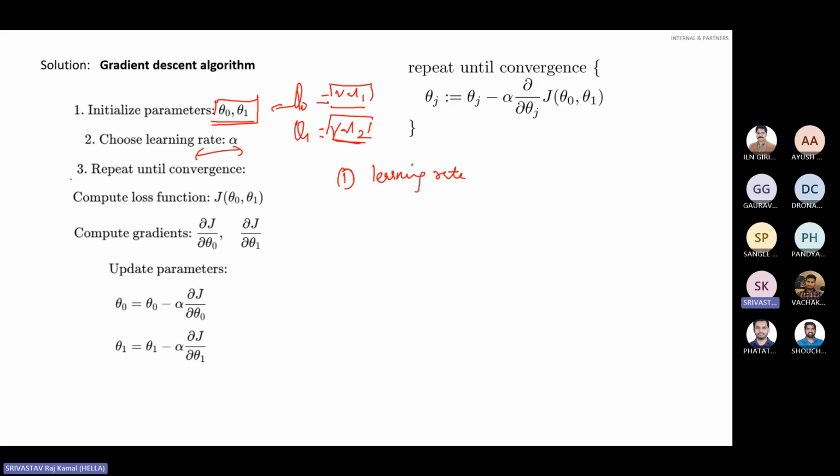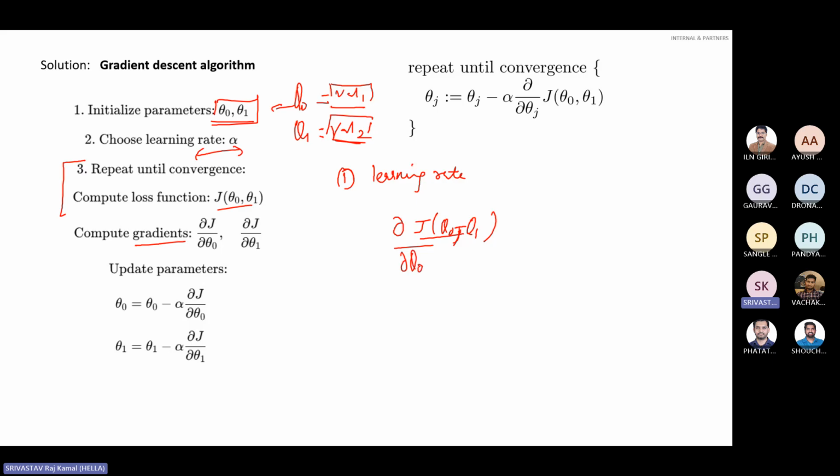Now, what are we going to do? This is step three. Suppose the j function is j(theta 0, theta 1). I'm going to calculate the gradients. Here we have just two parameters. You remember we discussed the term partial derivatives. We take the partial derivative of the cost function with respect to theta 0.